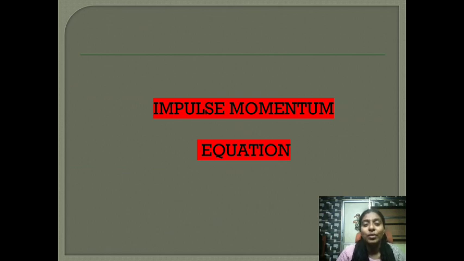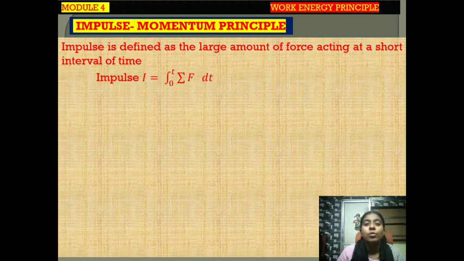So first of all we are seeing impulse momentum equation. I told you this is an extension of Newton's second law. So what is an impulse? Impulse is defined as a large amount of force acting at a short interval of time. So a very large force acting in a very small duration. This is called impulse.